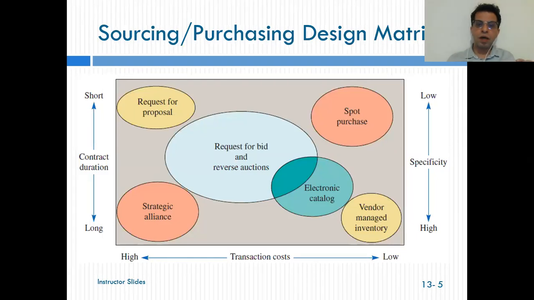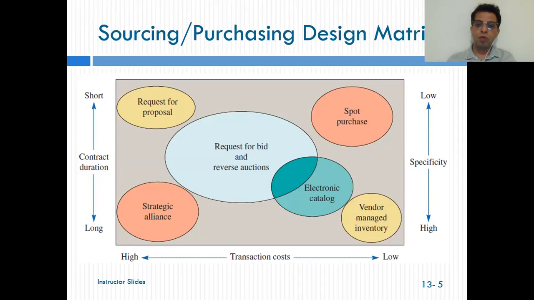Now, when we do a sourcing and purchasing design matrix, we have to look at the transaction costs, specificities, and the contract duration. And according to that, we will do sourcing or purchasing.